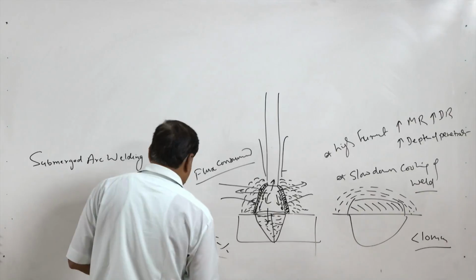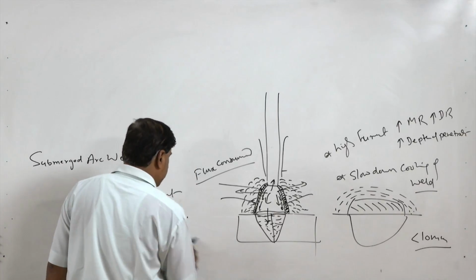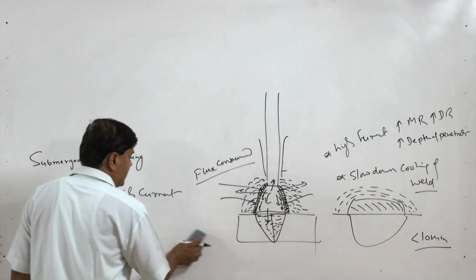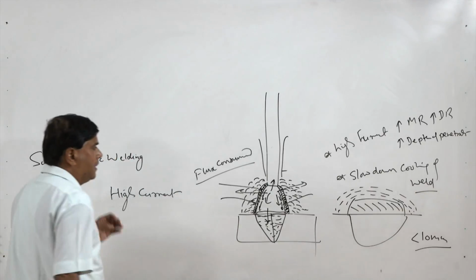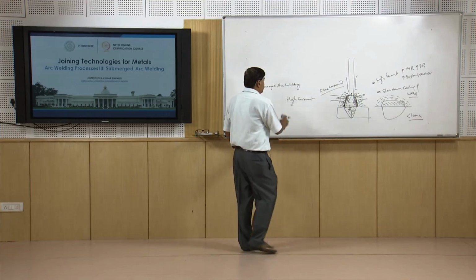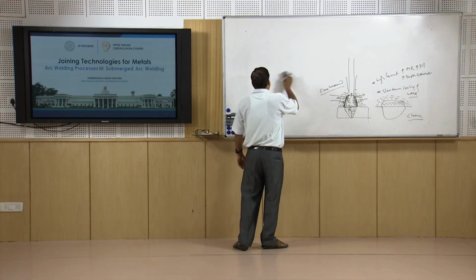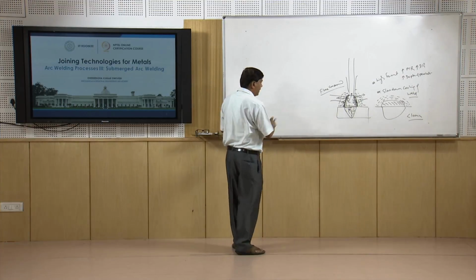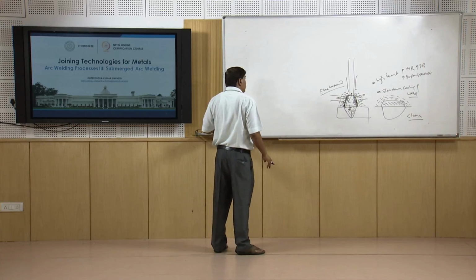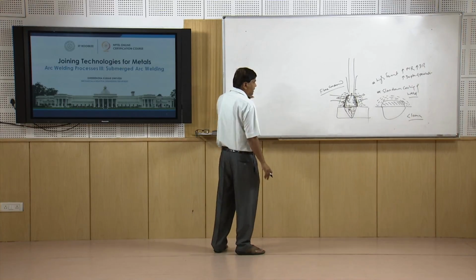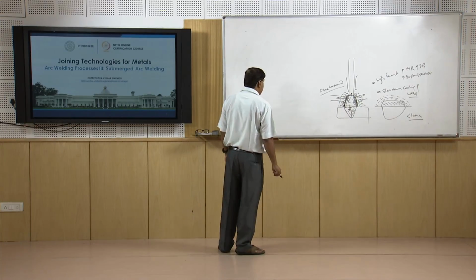So, this is one reason why it offers very good arc efficiency, and since the process works with a very high current rating, it offers a higher melting rate, high deposition rate and deeper penetration, which makes it suitable for welding of thick plates.